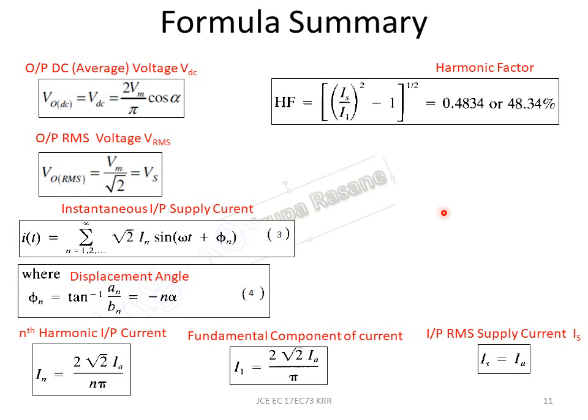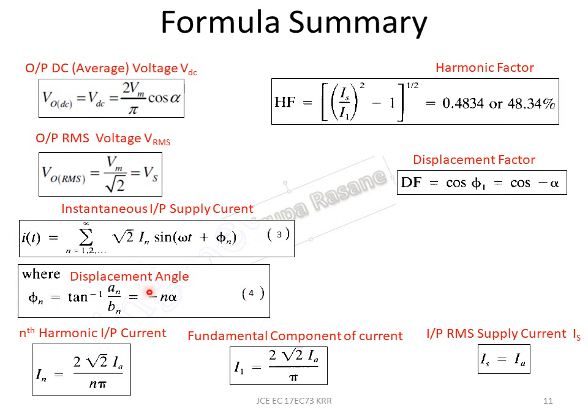Then the harmonic factor we have seen comes to 0.4834, which is 48.34%. Then the displacement factor is cos of phi 1, and since phi n is minus n alpha, we substitute n as 1, so I get cos of minus alpha.